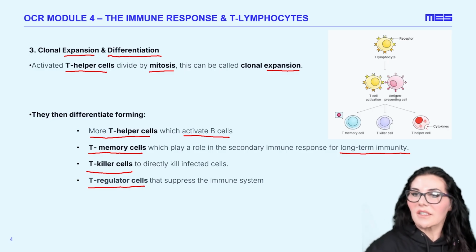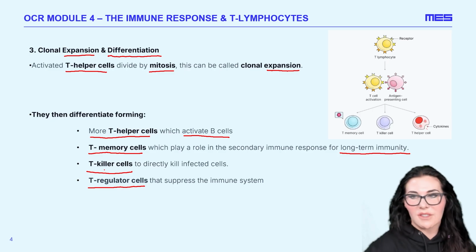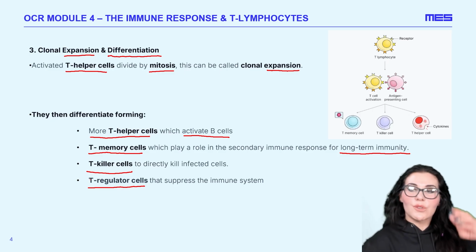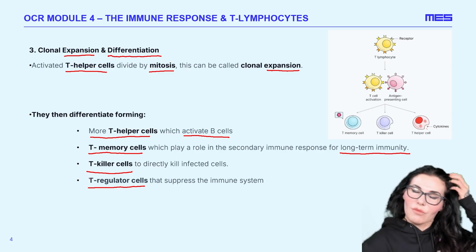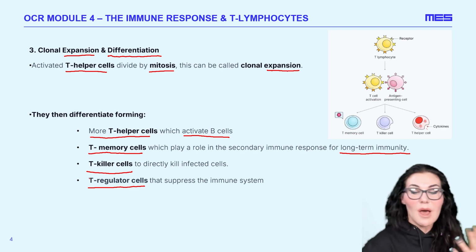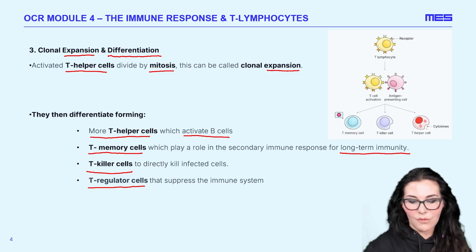The T killer cells are really important, because what they literally do is kill infected cells. Those cells that have got viruses inside are quickly killed by the T killer cells. But we also have the T regulator cells, which are involved with suppression of the immune system. Might seem a bit odd, but it's something that we do need to do. We're going to look at each one individually.